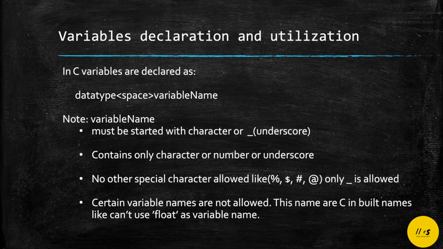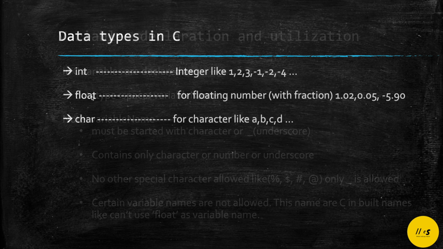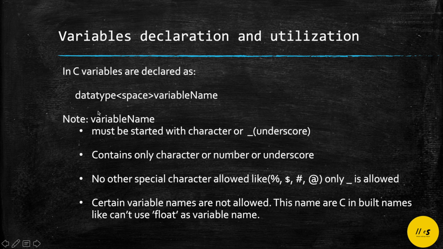Moving on, now the question is how we declare a variable and how to utilize them in my code. In C, variables are declared as data type, which we already saw is int, float and char, followed by a space and then the variable name. Variable name can be anything, but you have to remember these 4 points before writing any variable name.